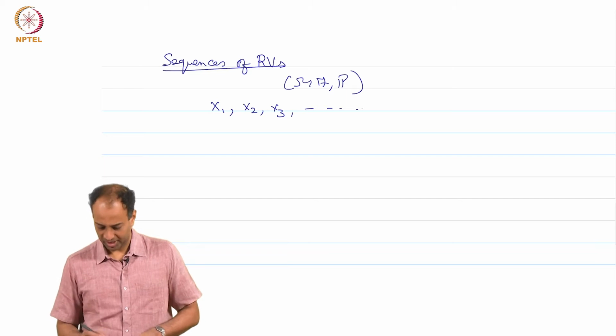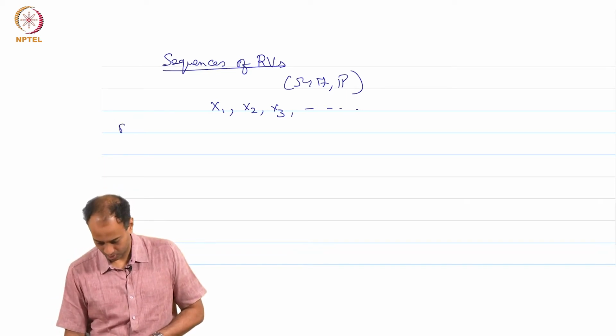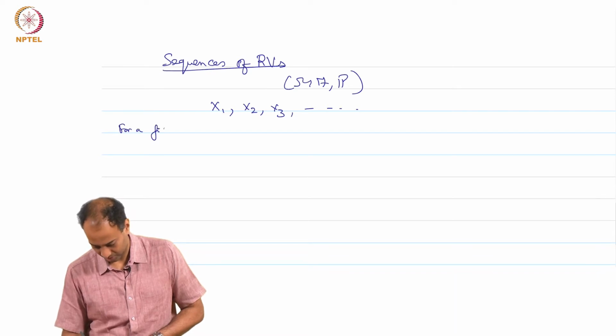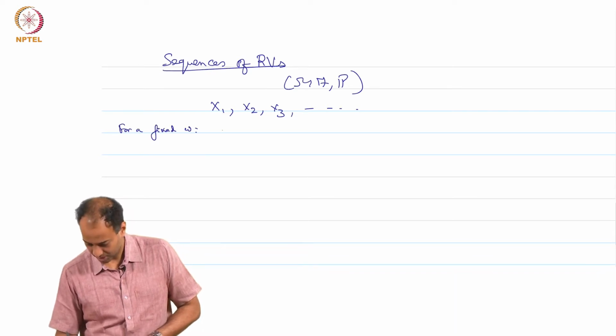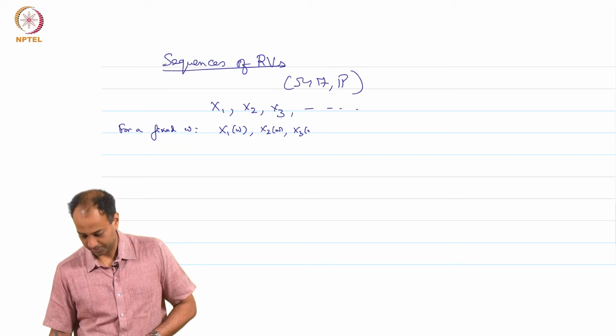And of course, when omega realizes, so for a fixed omega, you have X1 of little omega, X2 of little omega, and so on.